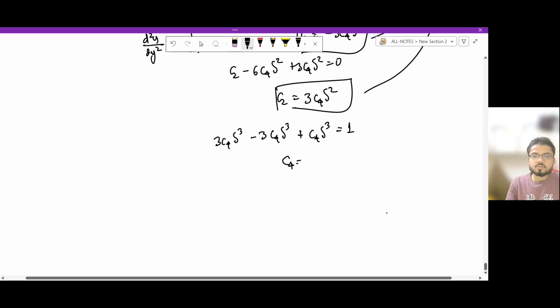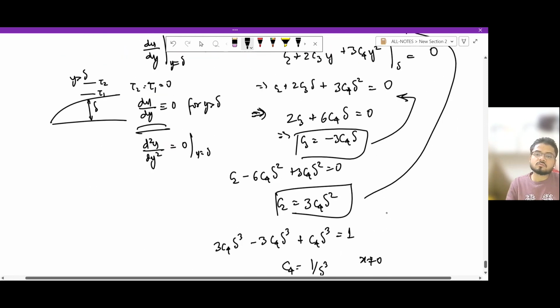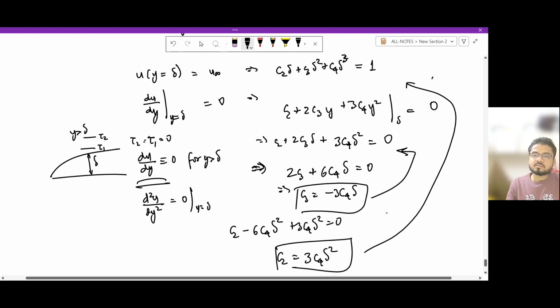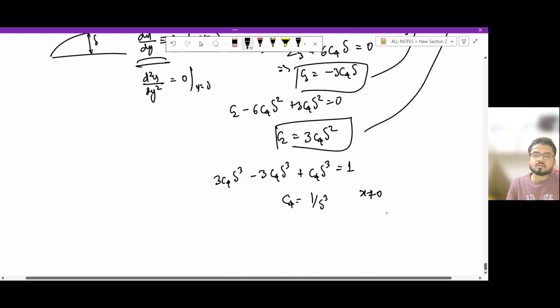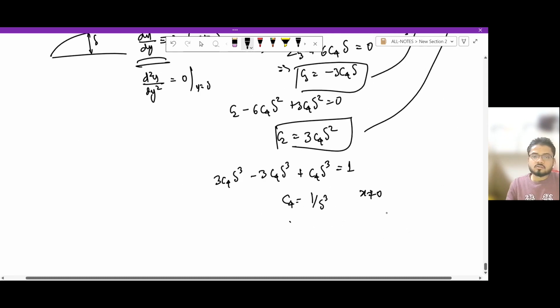Which implies that c4 is 1 over delta cubed. Delta is not equal to 0, because at x equals 0 you'd have delta as 0, so this little delta cannot be 0 in this case. So c4 is this, and c3 is minus 3 over delta cubed times delta. This is minus 3 by delta squared.